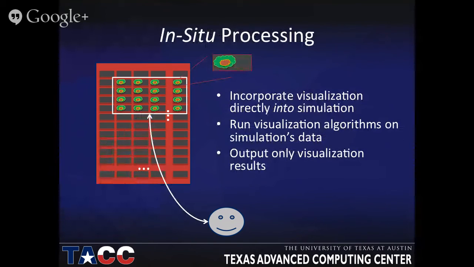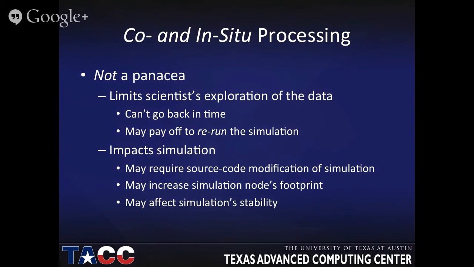So if you like, here is one of these nodes that is doing a simulation, and part of that simulation is actually going to be code that is doing visualization as the simulation is running, right? And it's beautiful because you don't have to write this data set out to disk, which is, relatively speaking, very, very slow. Now, there are problems with this.